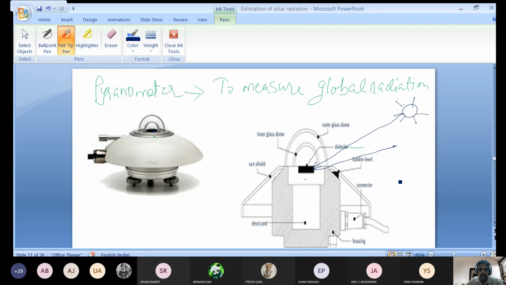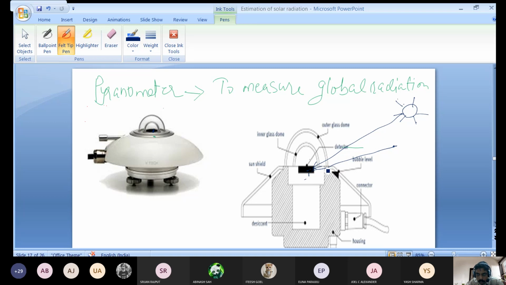How is it measuring global radiation? It will have a sensor, and that sensor is typically a thermopile. Thermopile means by the Peltier effect you will have an EMF. When solar radiation is hitting here, what will happen? This black sensor will absorb radiation and it will get heated up. So one junction of the thermopile is getting heated up, and the other one is on the other side.